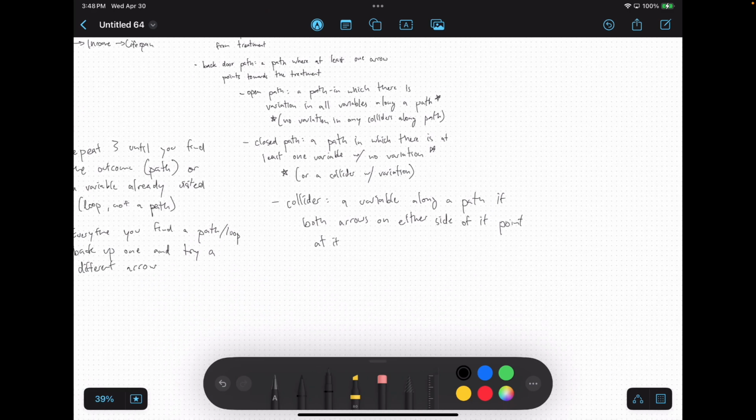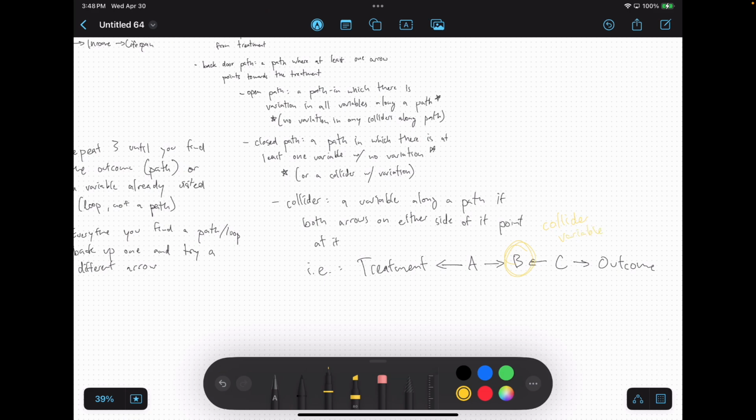So this would be, for example, treatment, and you have A, B, C, outcome. So B is the collider variable.